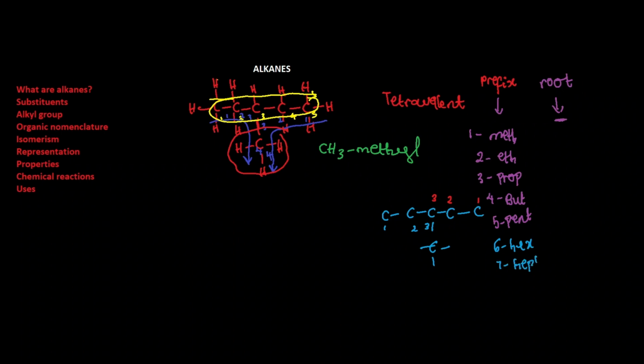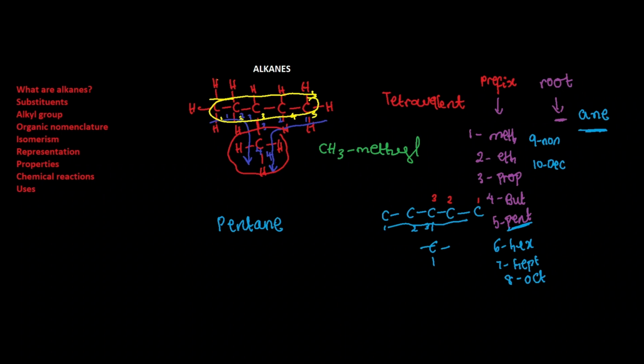So this is going to be hex, and 7 would be hept, and 8 would be oct, 9 would be non, and 10 of course would be dec. Now the root, if we're considering alkanes, then the root is going to be ane. So in this case, since we have 5 carbon atoms, our prefix is going to be pent and our root is going to be ane. So this is pentane.